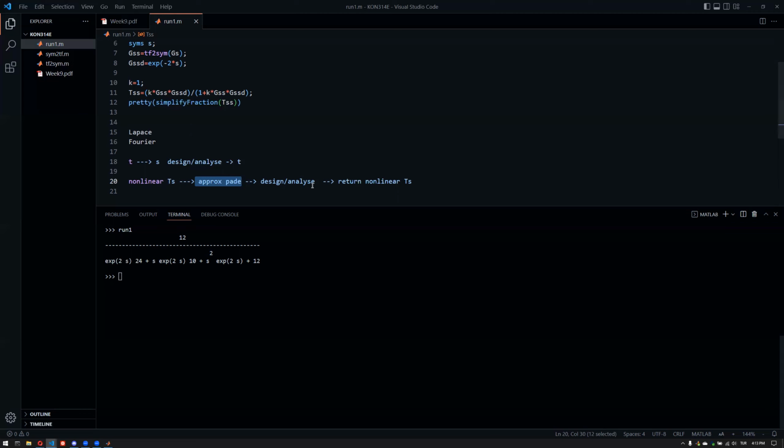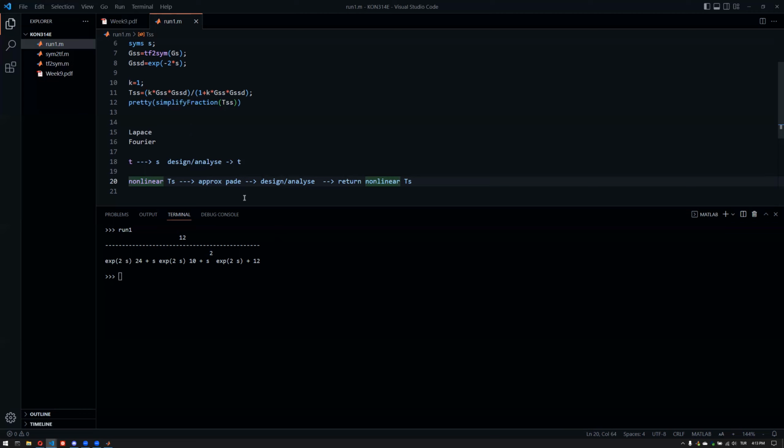You cannot analyze the system using only the approximation because you don't know how well that approximation represents the actual system. What you have to do is return to the actual system with delay, plug in your controller, for example, and see if it works, or plug in your stability condition and examine the actual system.